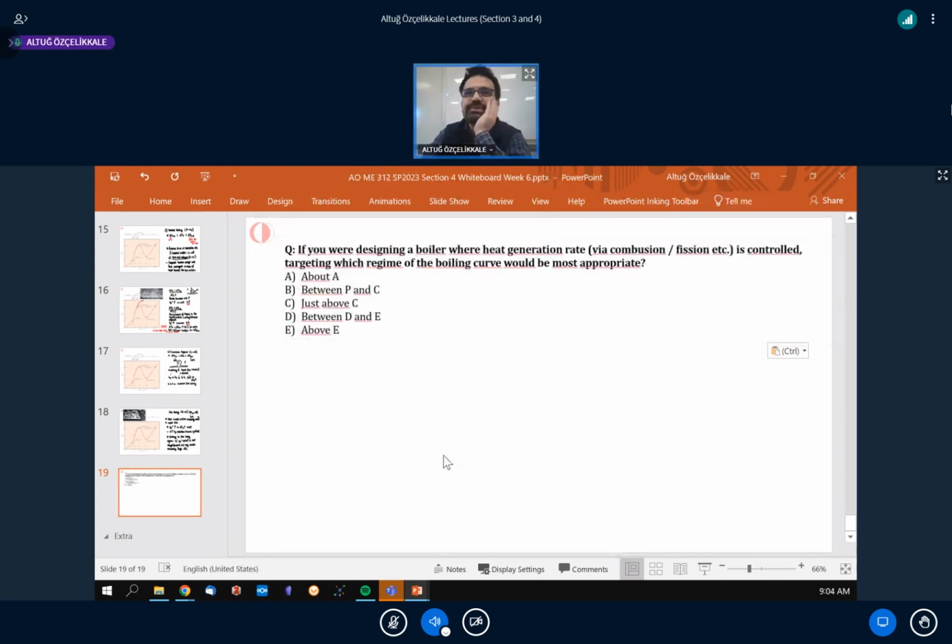Now we have enough information as thermal engineers to design our systems responsibly. So what do you think is the most appropriate regime in the curve? Oh, I should bring the curve here.